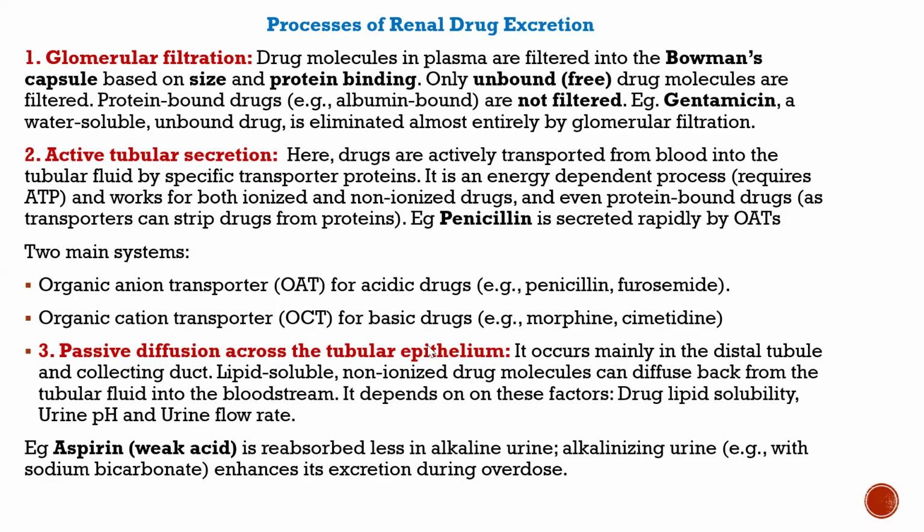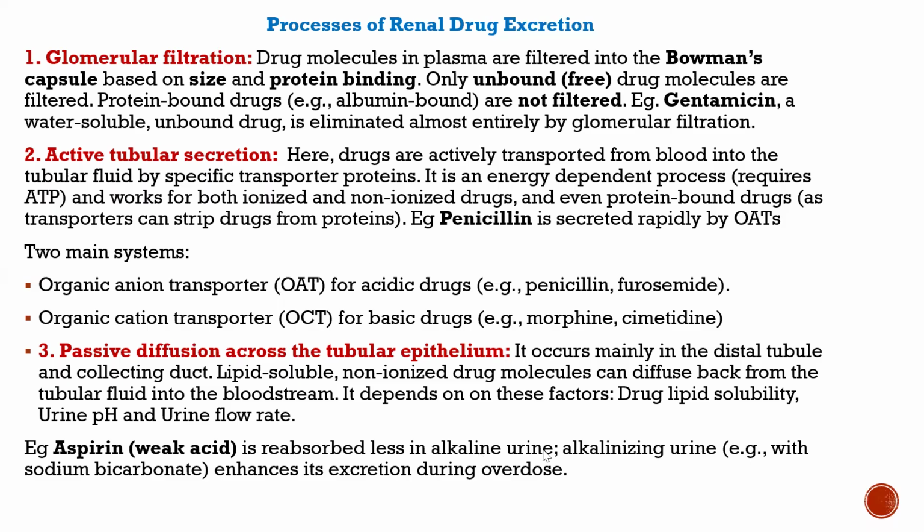Do you understand? Just like the passive diffusion we have explained, it involves the use of another substance, maybe an alkalizing agent, if you want to eliminate aspirin, which is a weak acid. It is reabsorbed less in alkaline urine because it's an acid and there's no specificity involved.